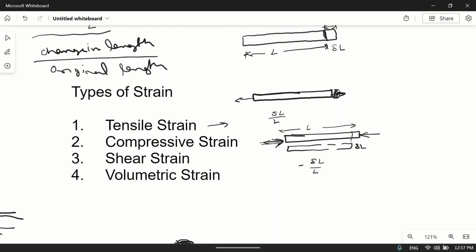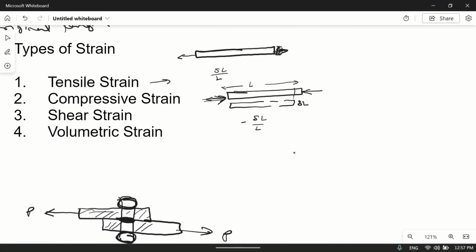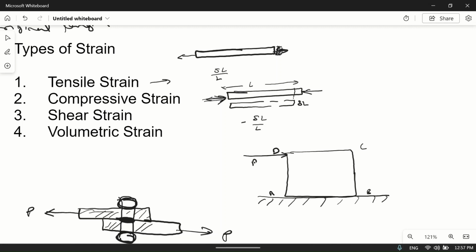Okay, then we have shear strain. What is shear strain? Suppose this is a rectangular plate and it is fixed here on the lower side. Suppose this is A, B, C, D. When we are applying a force P here, then this will try to get deformed.